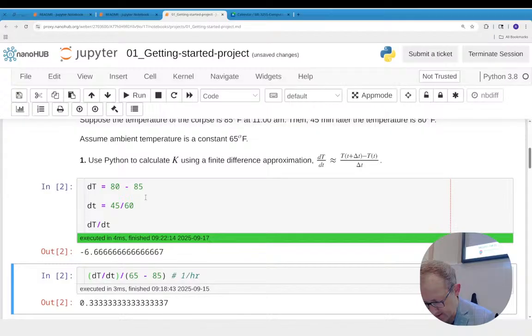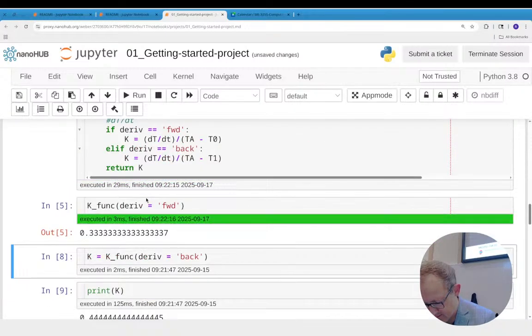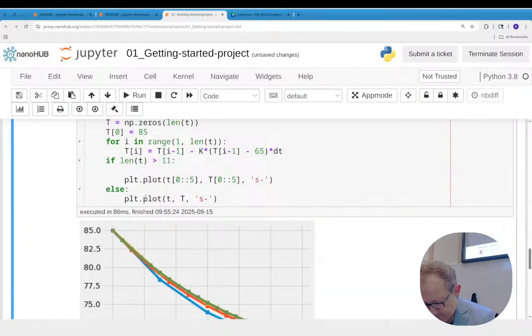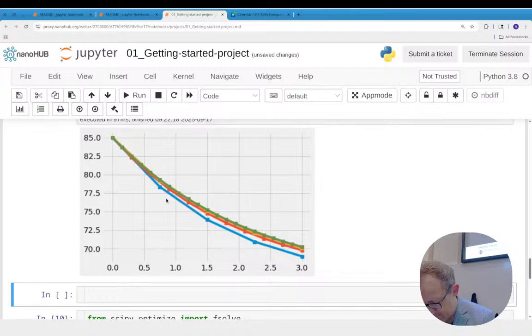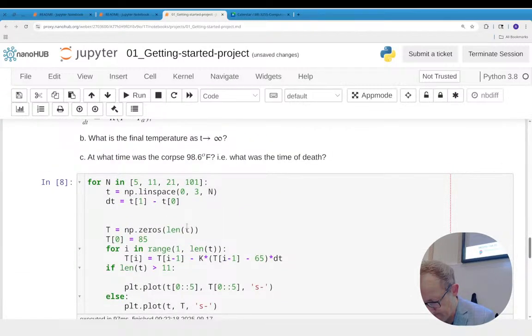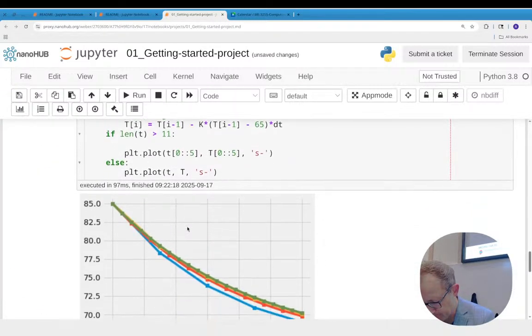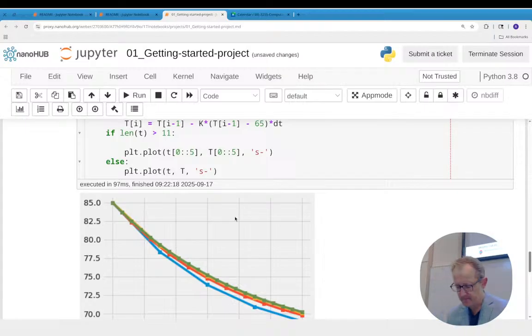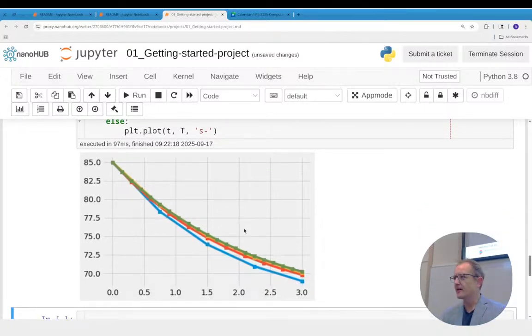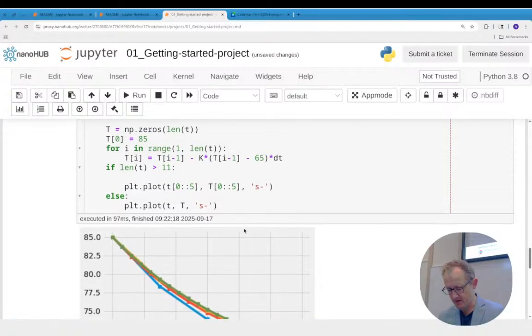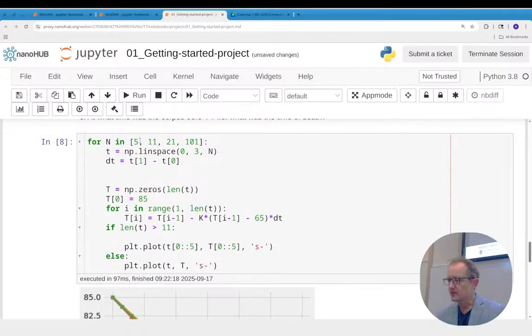Let's see. I started to show what happens as we keep making time steps smaller, or increase the number of time steps, kind of six of one, half dozen the other.